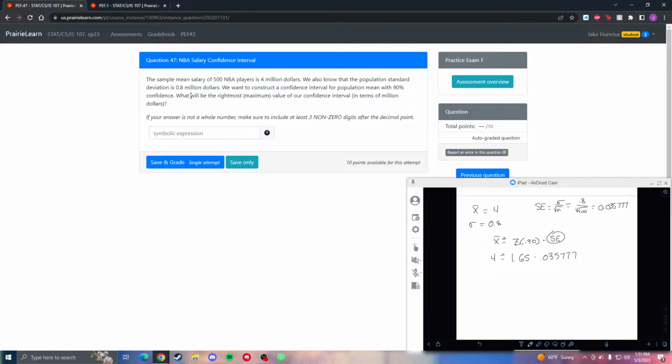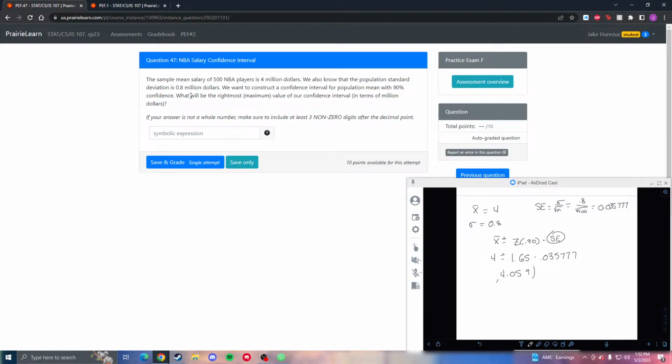So all we have to do is just do 4 plus 1.65 times the standard error we calculated. I'm just going to use the whole number on my calculator here. And it's going to be 4.059. That's our right side.